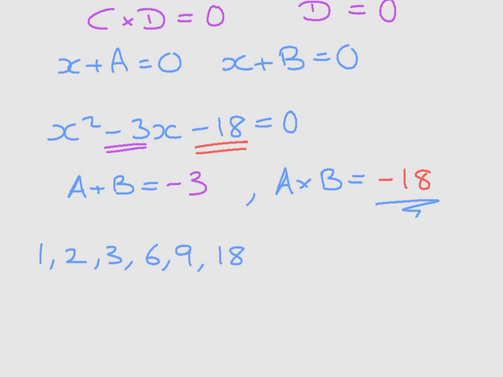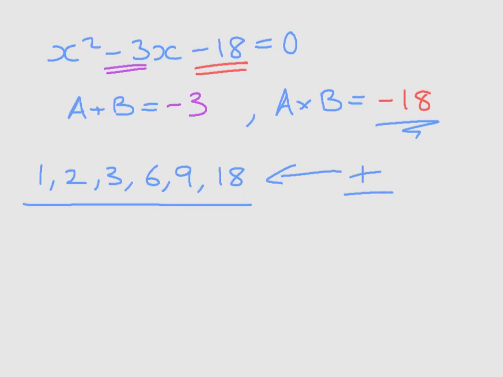The reason we do this is that in most high school courses, there's a 99% chance that the results you're looking for, a and b, are within this list of numbers. The only difference here is that because we're dealing with negatives, remember a plus b was negative 3 and a times b is negative 18, it could be positive or negative, either of those numbers.